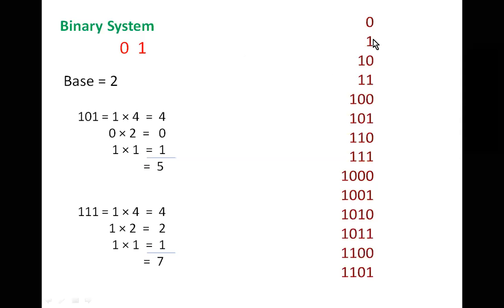Now when those 2 symbols are used, we add 1 here. What does this 1 signify? We have used all the symbols one time. All the symbols means here there are only 2 symbols. We have used all the symbols one time: 1 0, 1 1. Now the second time also we have used all the symbols.